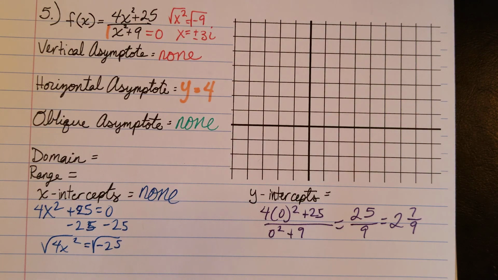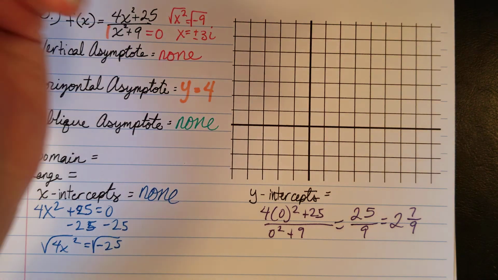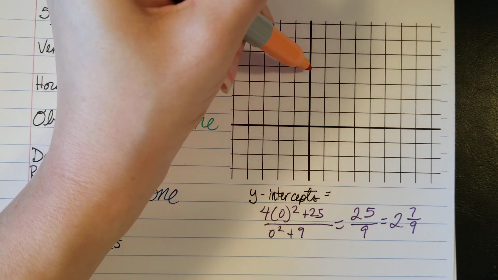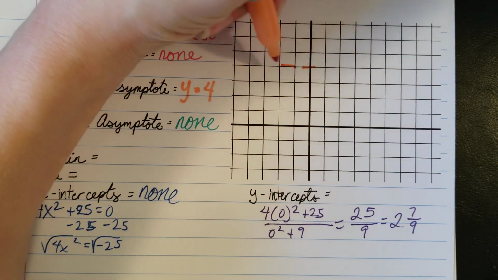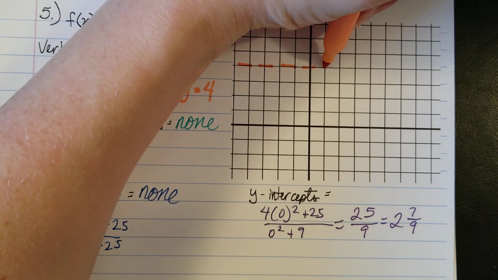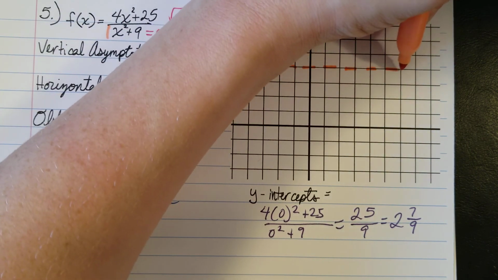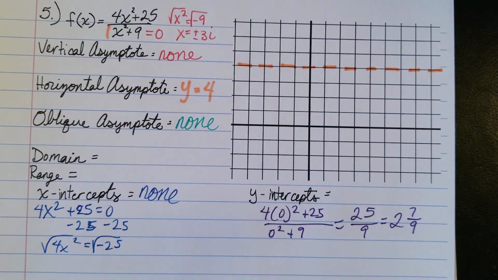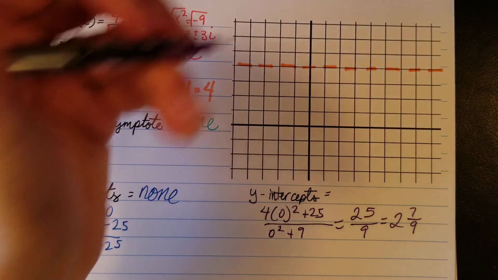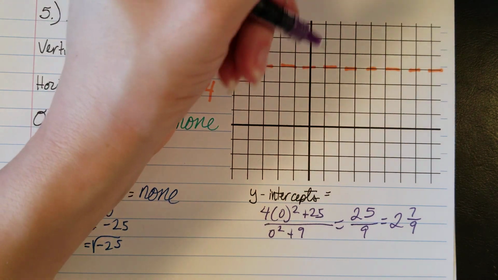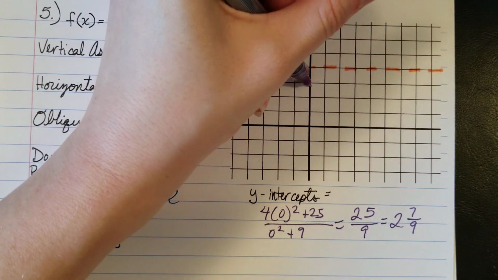All right, so on the graph, we've got a horizontal asymptote at 4. And then a y-intercept at 2 7/9. So that's just slightly under 3.